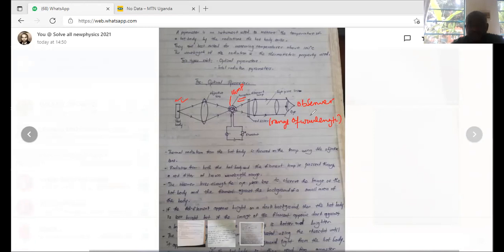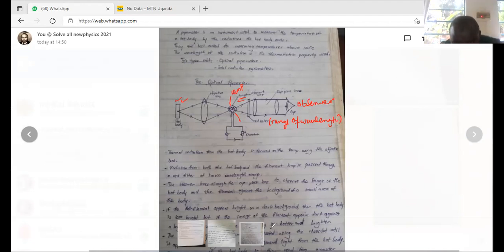So the observer here views the image of the filament lamp. If the filament appears bright on a dark background, then the hot body is less bright. But if the filament appears dark against a bright background, then the hot body is hotter and brighter.